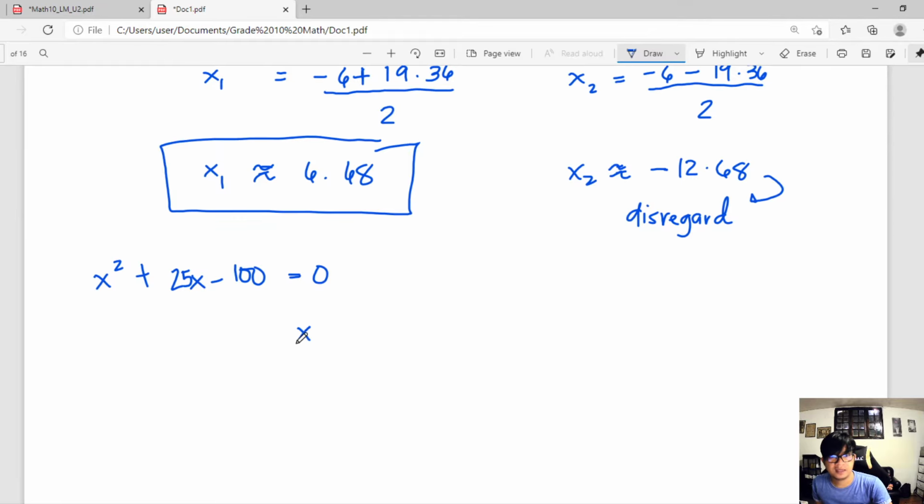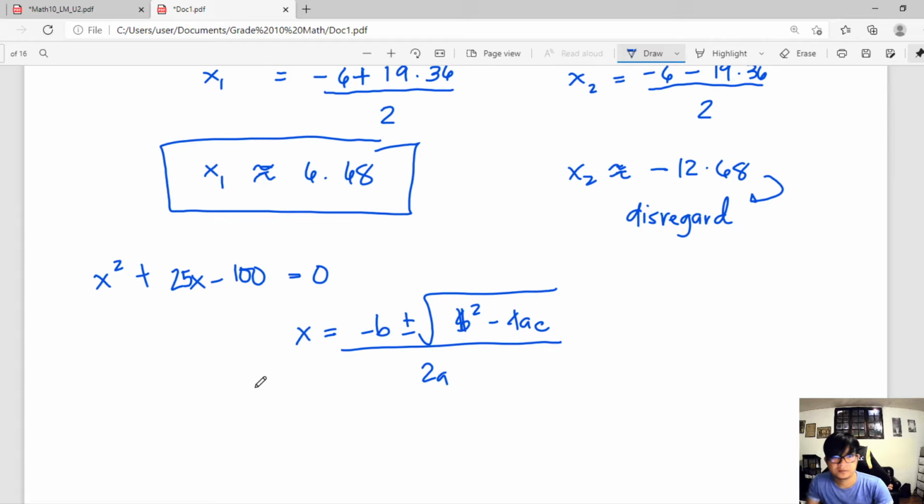So, we have x is equal to negative b plus minus square root of b squared minus 4ac all over 2a. Wherein our a here is 1, our b is 25, and our c is negative 100.